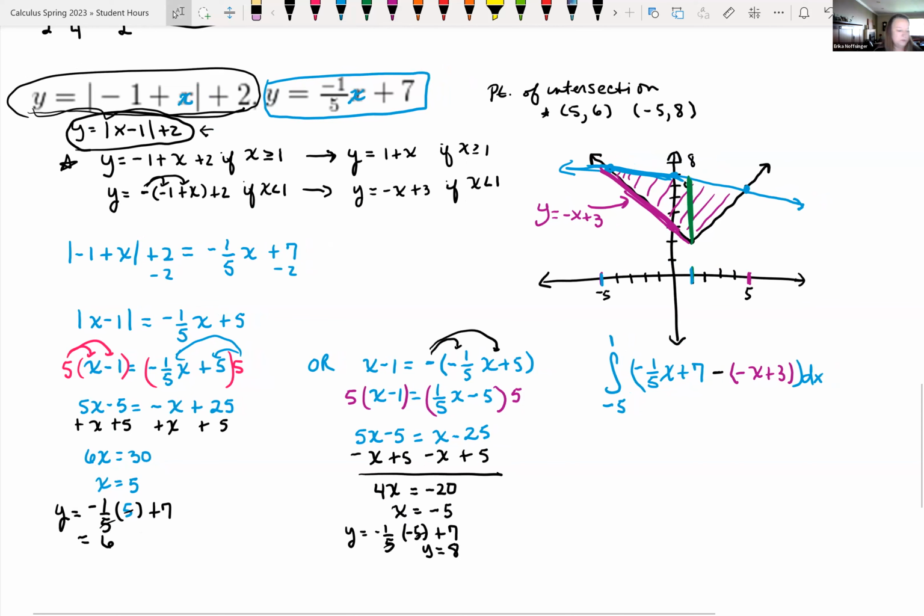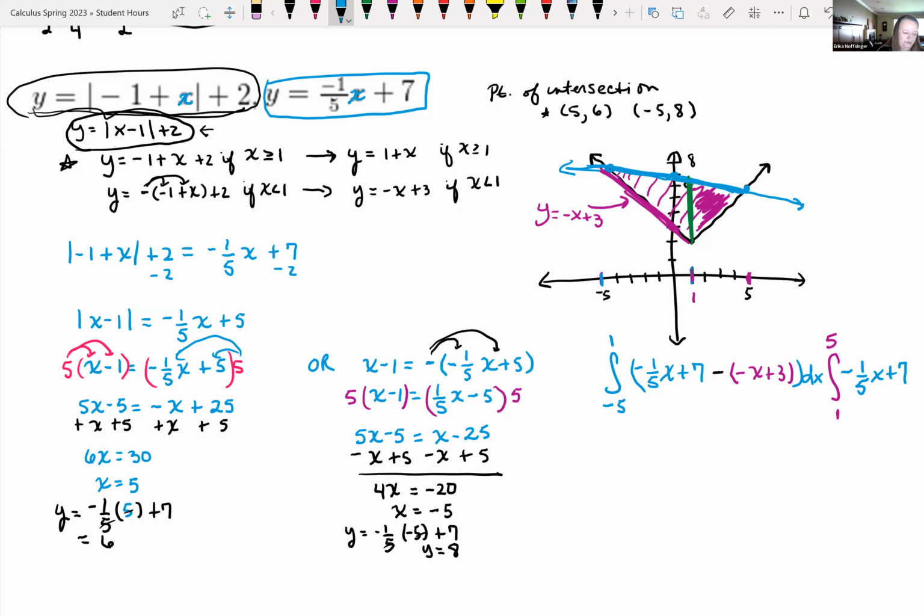Okay, so now moving over to this other piece in here. So for that integral, we're starting at x equals 1. And we're ending at x equals 5. Our upper curve is still the same line as before, this -1/5 x plus 7.